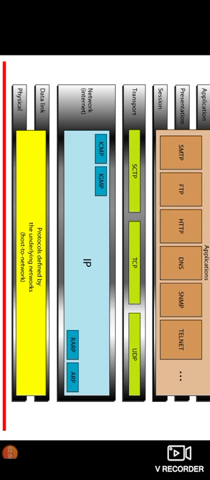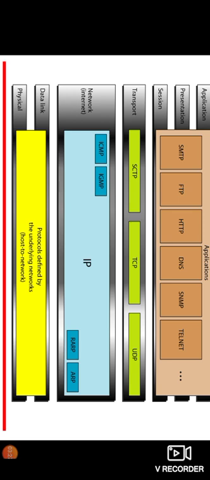It mainly deals with the internet protocol, but apart from that, it also deals with ICMP, Internet Control Message Protocol, IGMP, Internet Group Message Protocol, ARP, Address Resolution Protocol, and RARP, Reverse Address Resolution Protocol.